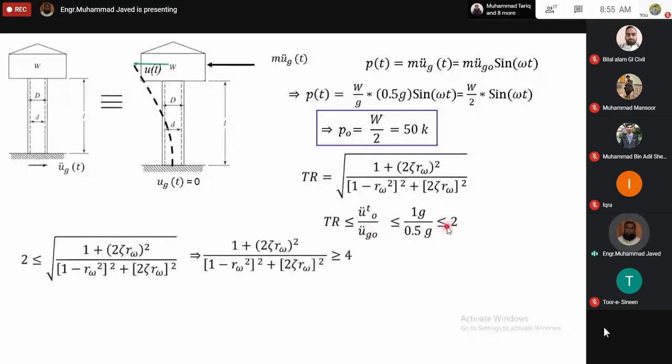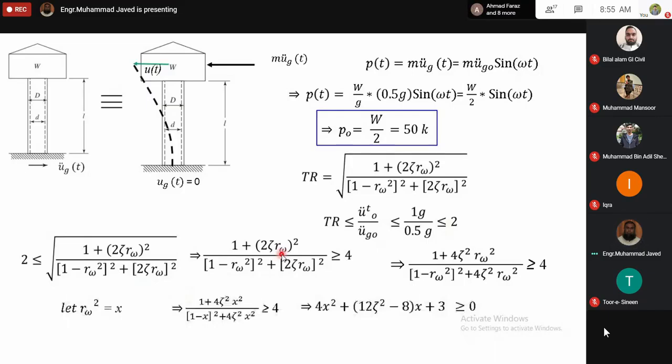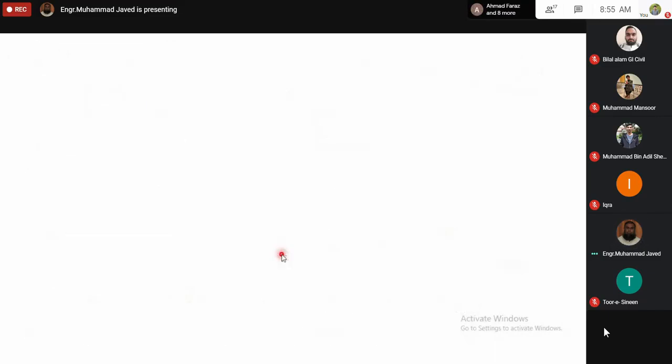Now we have the value of damping ratio, but we don't have the value of frequency ratio. The only unknown is r omega, which can be determined by solving this equation. And r omega square from this equation is 1.395. So r omega square shall not be greater than 1.395.